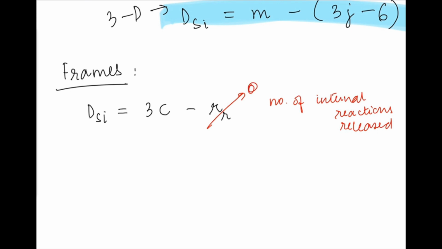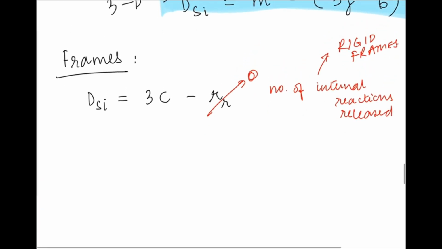Okay, this is in case of rigid frames, or rigid joints. If some of the joints are pin or hinged, then this won't be equal to 0. This r will be there. Okay.